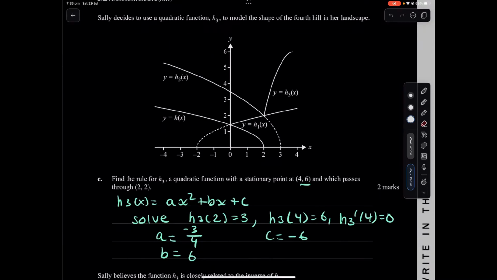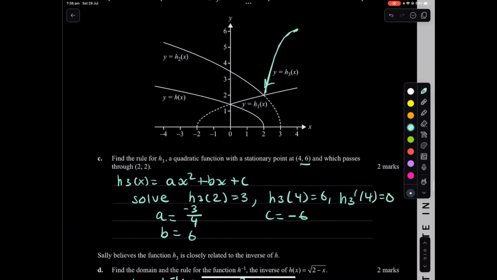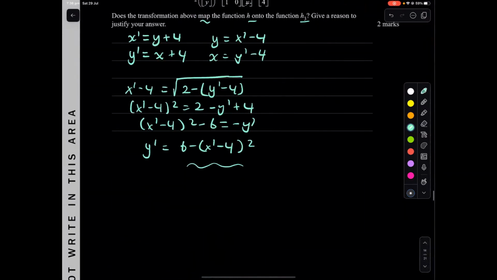Okay, h3 is that parabola, and it goes down. It has a 4 and a 6, which is right. The turning point is 4, 6, and it's a negative parabola.